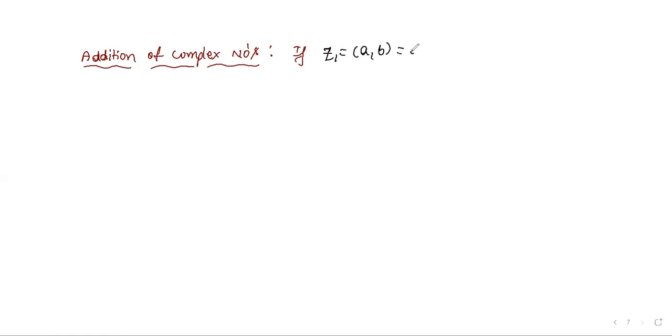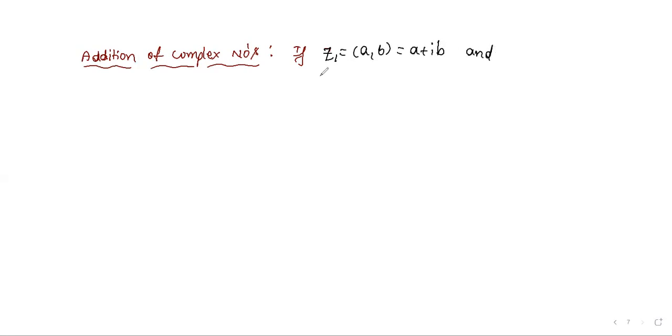And the next definition, addition of complex numbers. If Z1 is one complex number, represented by the ordered pair a comma b, it is nothing but a plus ib.